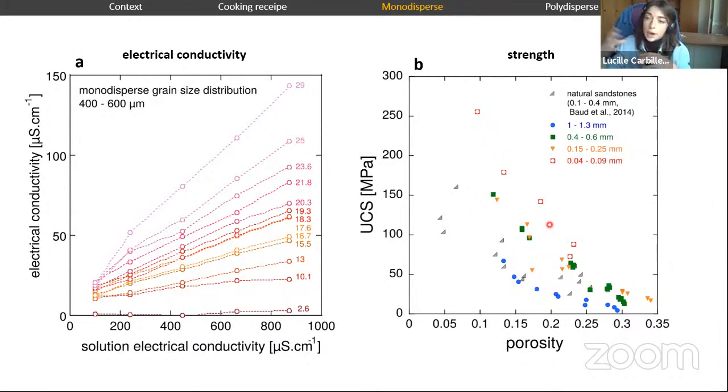Do we see pore-emanating cracks, or do we see grain crushing? And then we might be able to say a little more. But on this part, I'm not sure how comparable this is to natural rocks. So that's always, you know, the limits of this work.